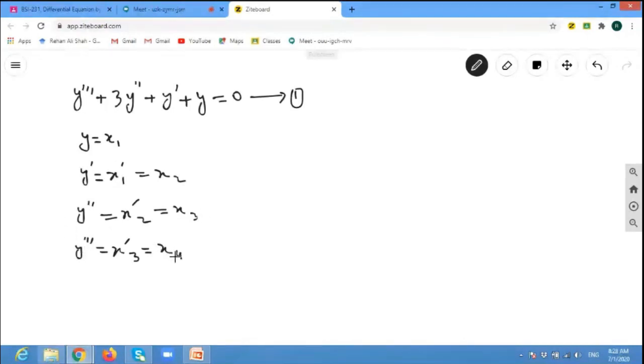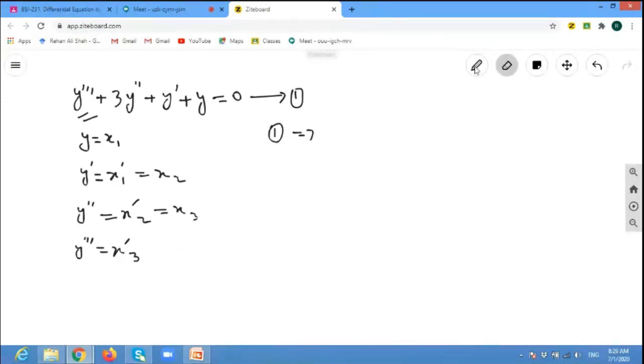Putting these values in equation number 1, what is y triple dash? Y triple dash is not taken as x4, so this is x3 dash.